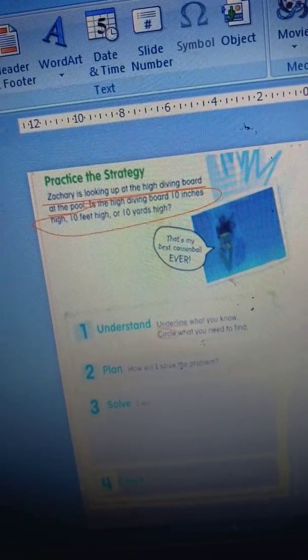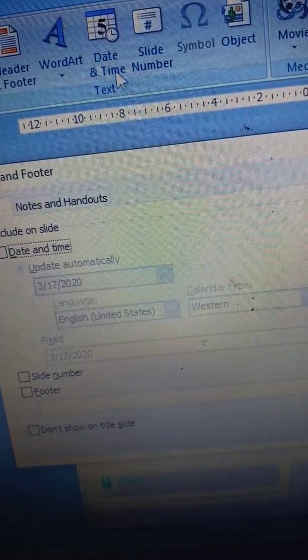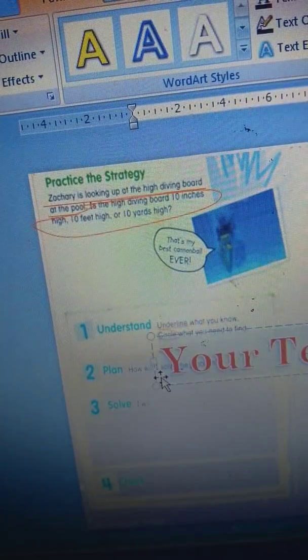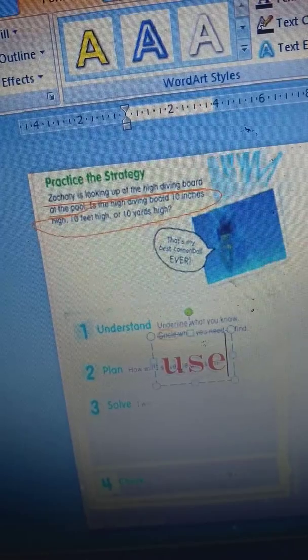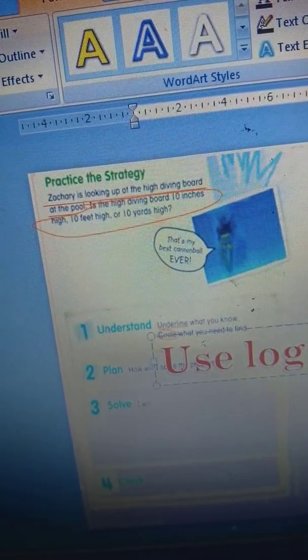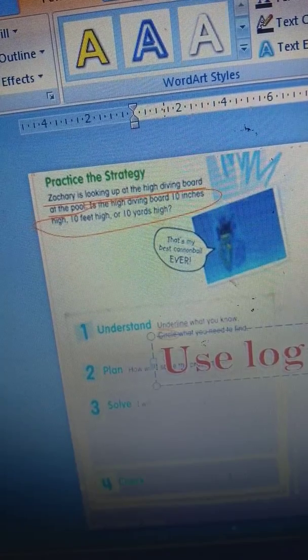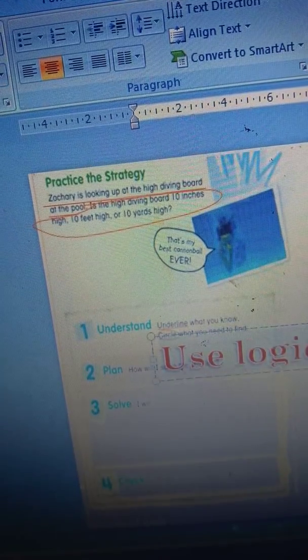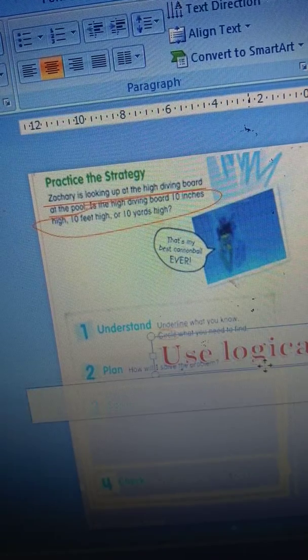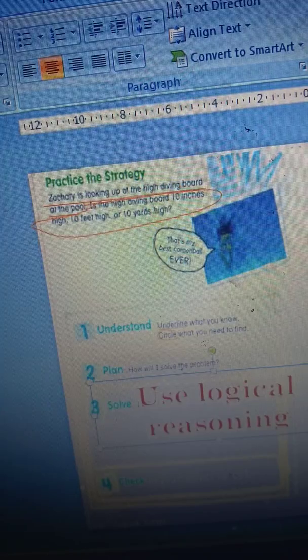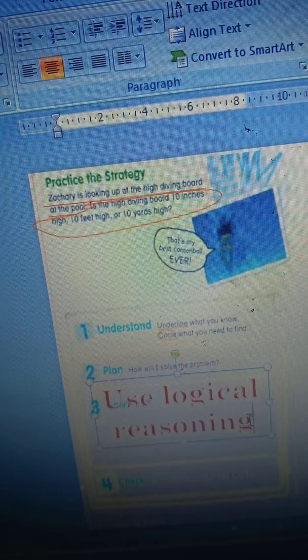We will use our logical reasoning. Kindly write it down. We're going to use logical reasoning.